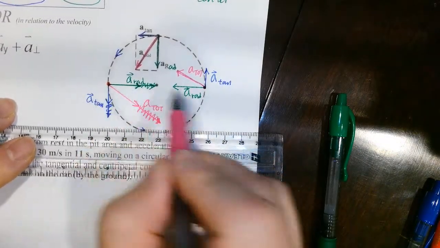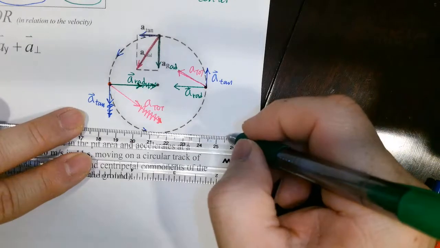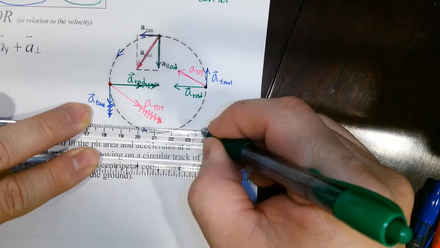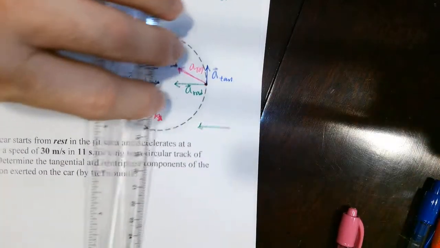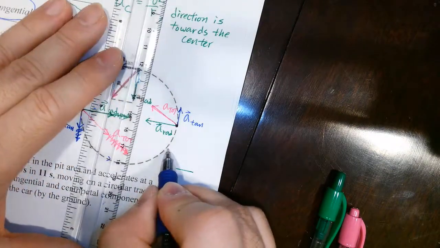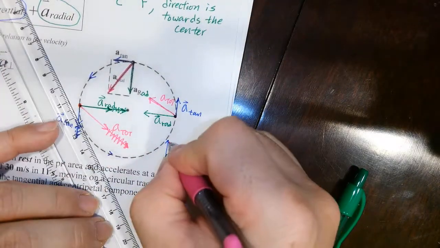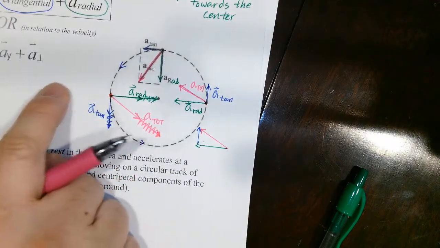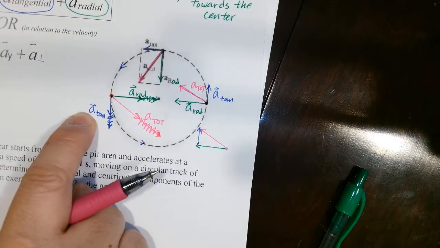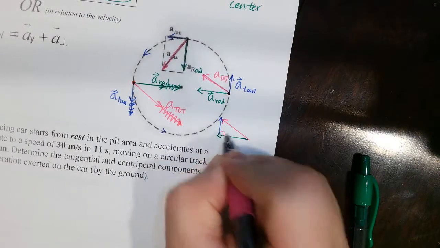Looking at it here, here is my A radial, and here is my A tangential, and here is my A total. Similarly, if I look at it here, it would be my A radial, A tangential, and here's my A total. It would still be a right triangle with the same side magnitudes. So here, this is 90 degrees.